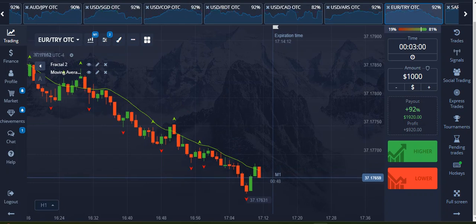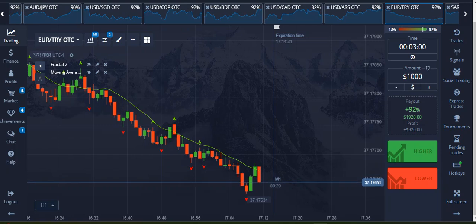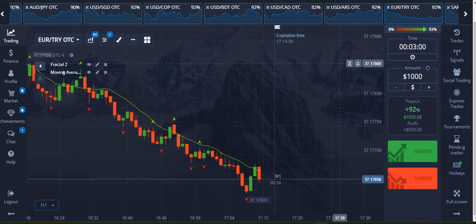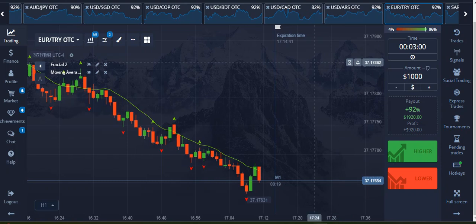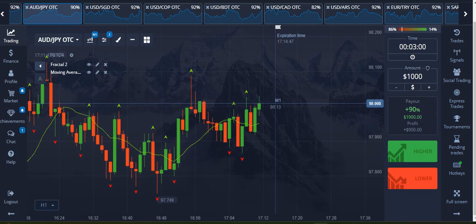It's a good strategy because a lot of times you'll find that the markets, they're not really trending. Okay, let's go back to. Let's see.